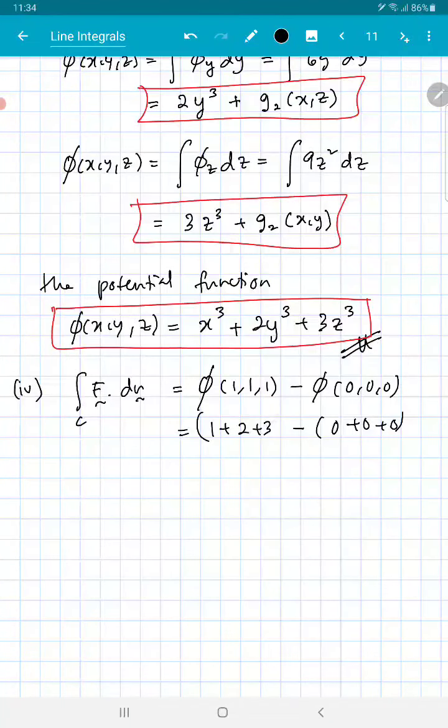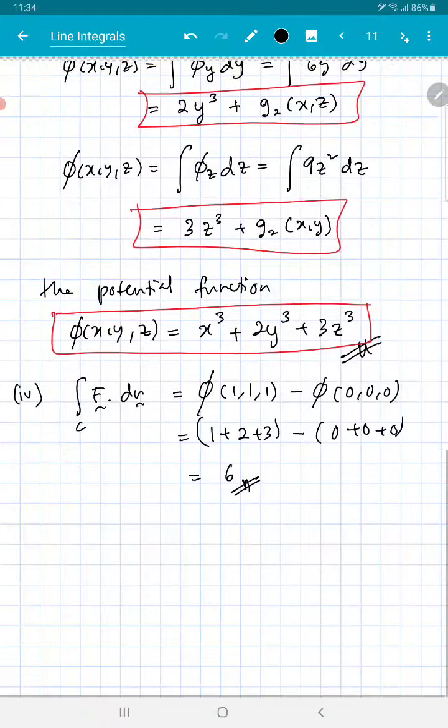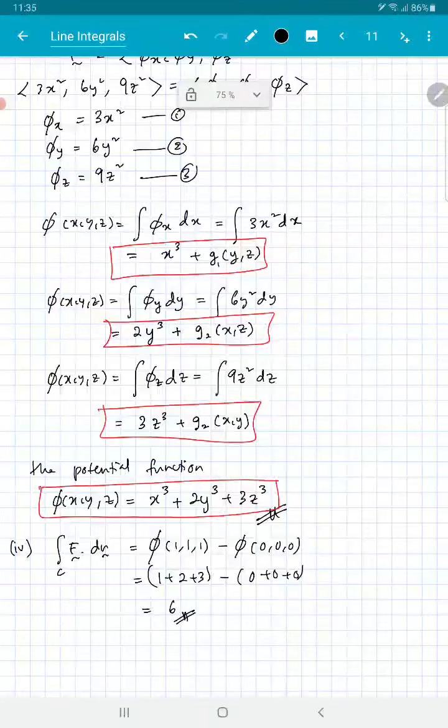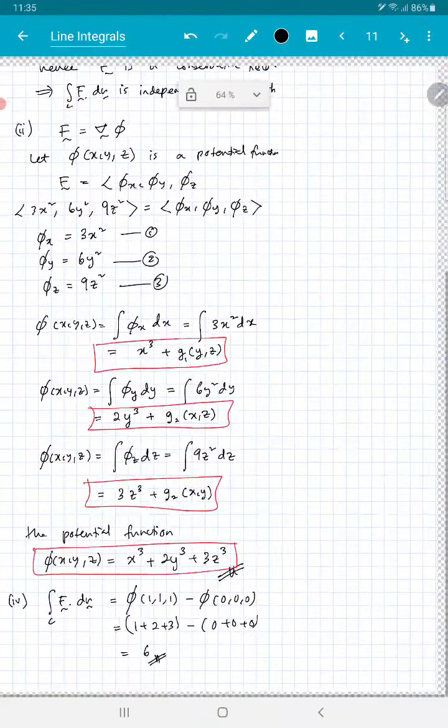So from here we get this is equal to 6. So for f dot dr along the line segments, we have many stops, but we don't have to evaluate the line integral. We just use the potential function. Okay, so that is one example concerning conservative fields. Thank you.